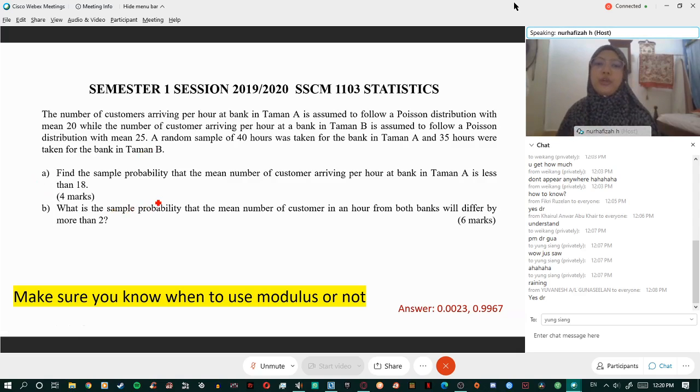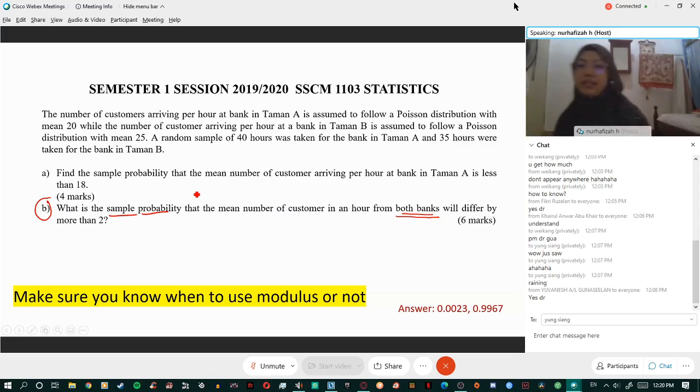Make sure you know when to use modulus or not. So for example, this B, what is the sample probability? The question asks you for sample probability, so that means this one is for chapter 2, finding the probability of a sample: that the mean number of customers in an hour from both banks will differ by more than 2.